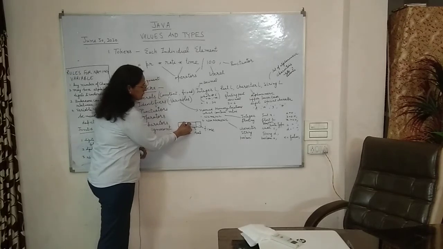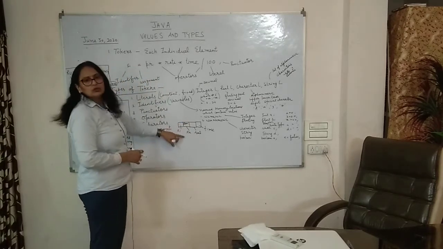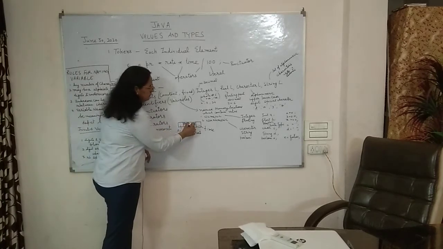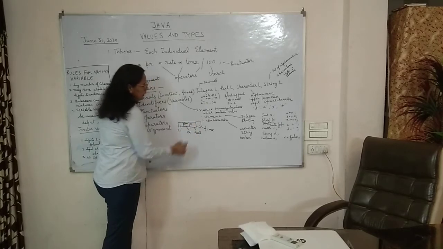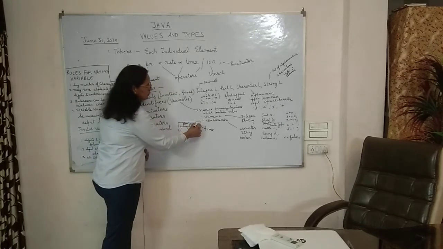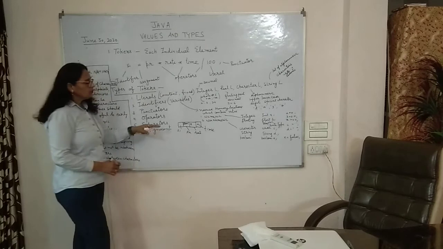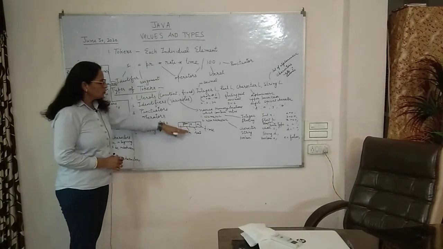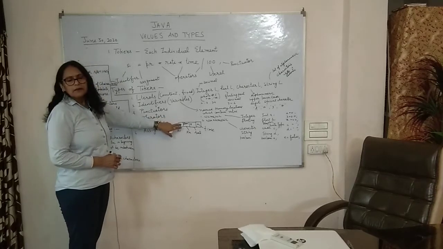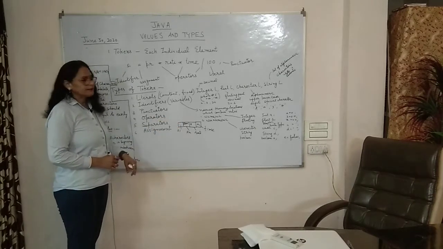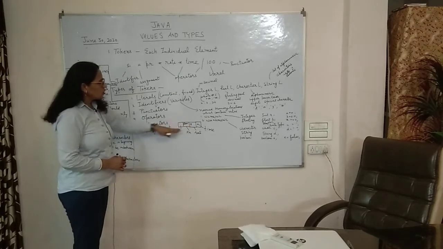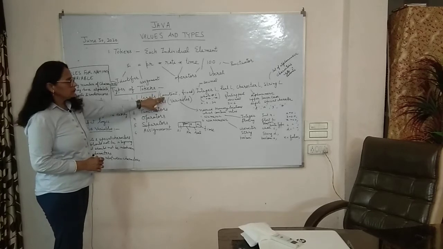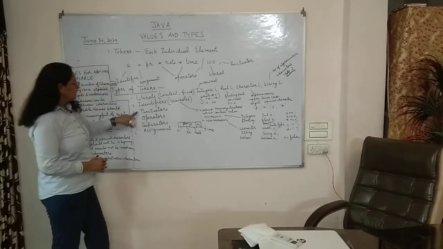So 5000 is the literal that will be stored under the identifier, and then for rate we can give 8%, and for time we can give 2 years. In the computation statement, the compiler will compute and give the answer and store the value in simple interest. So these are all known as constants. They don't change, their value is fixed.